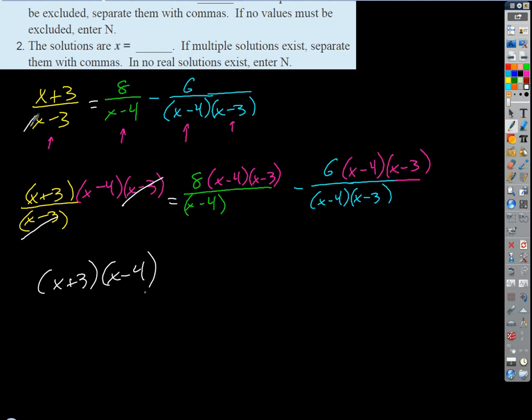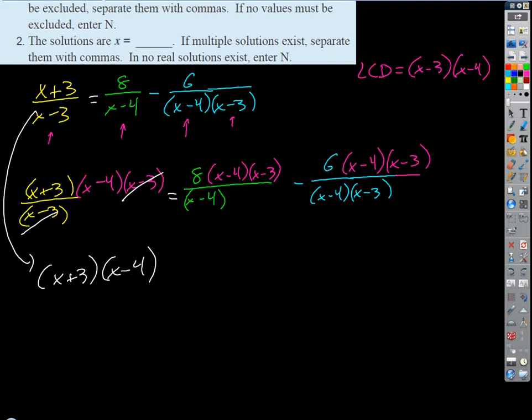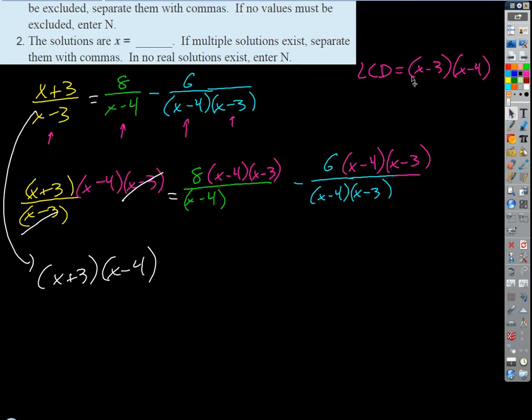We could have probably skipped this middle step by just realizing that when I compare what's on the denominator of the yellow fraction to the factors in the LCD, I can see that the factors that are going to cancel are x minus 3, which would leave us with the x minus 4 on the top being multiplied by what was already there.